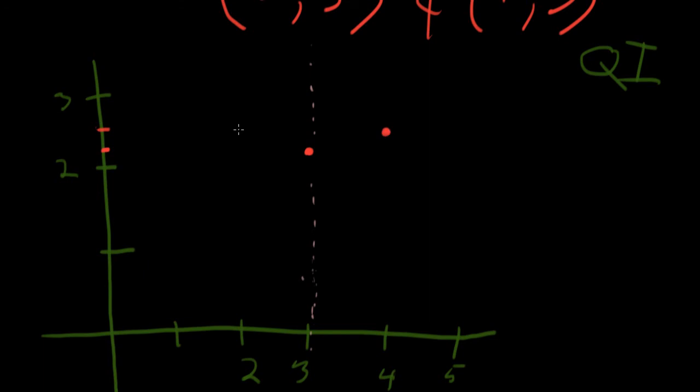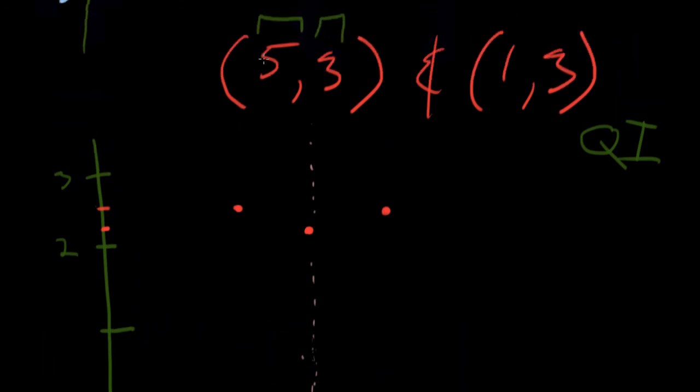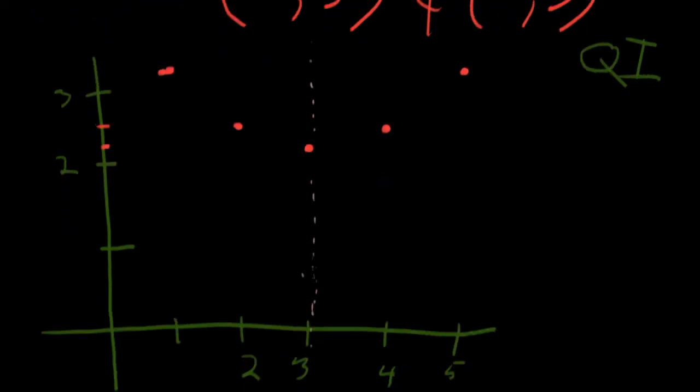But this is a basic graph. It doesn't have to be 100% accurate. And you label the points. That's why you label them. 5, 3, and 1, 3. By labeling them, I make up for the mistakes in graphing.